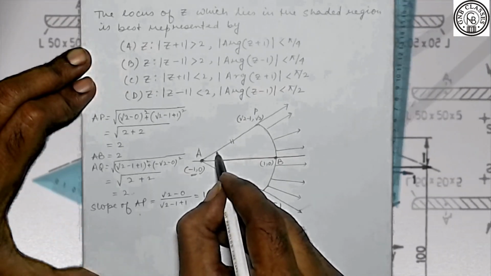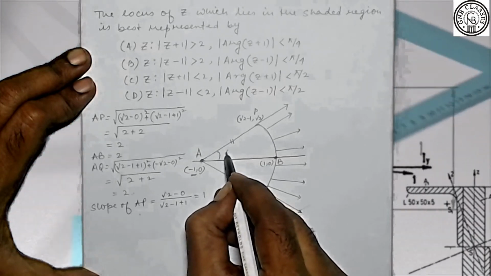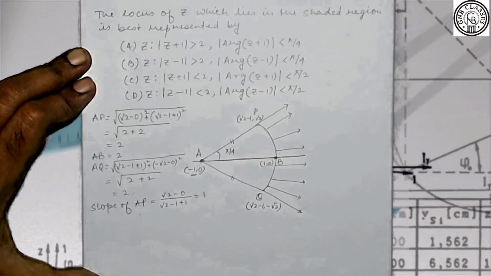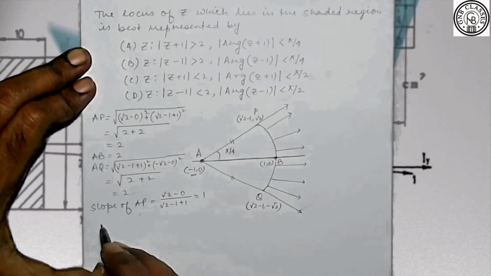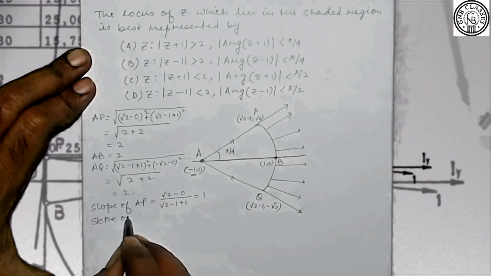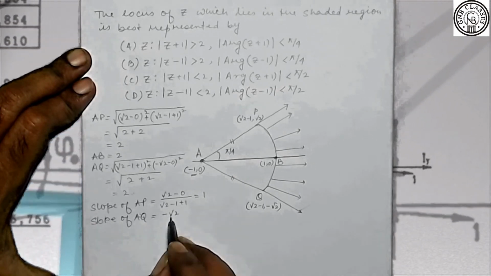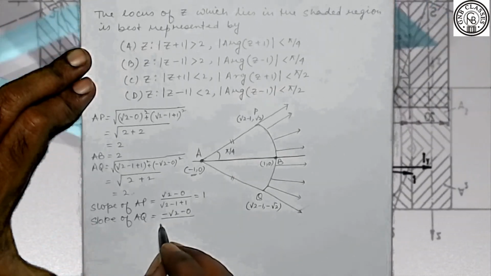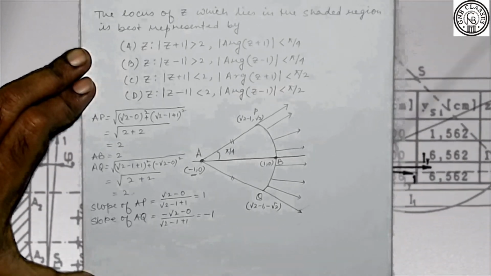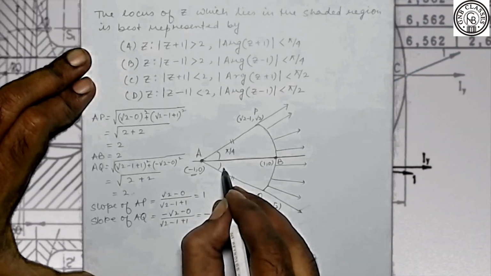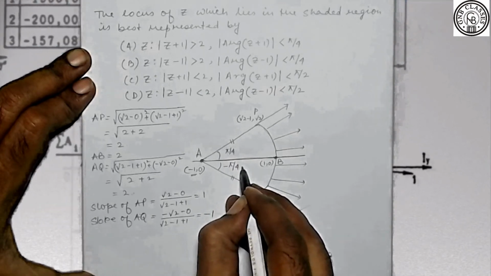Therefore, this angle is pi/4. Now, what is the slope of the line AQ? It's coming to -1. Therefore, this angle is -pi/4.